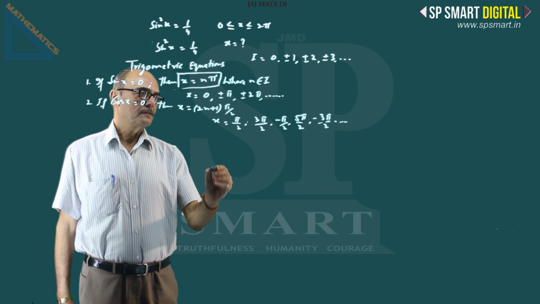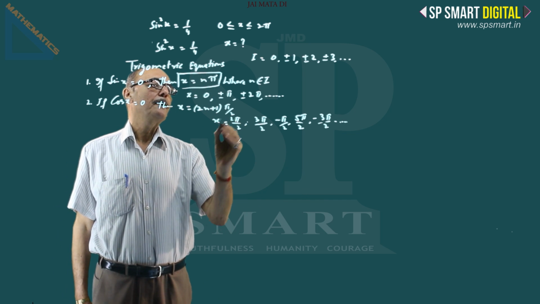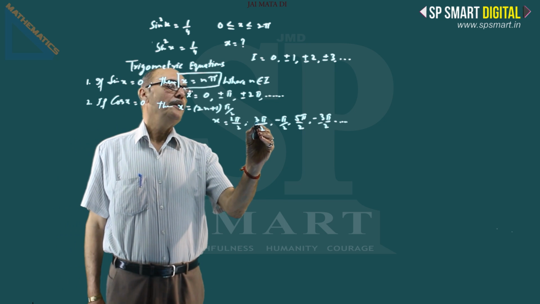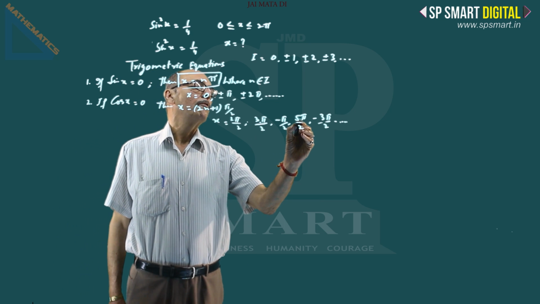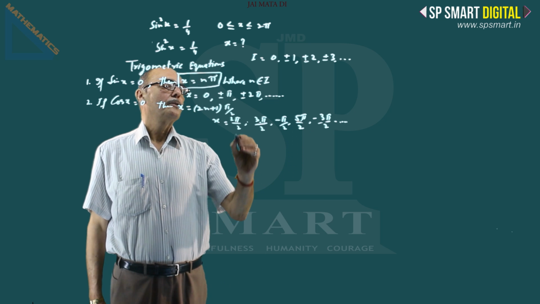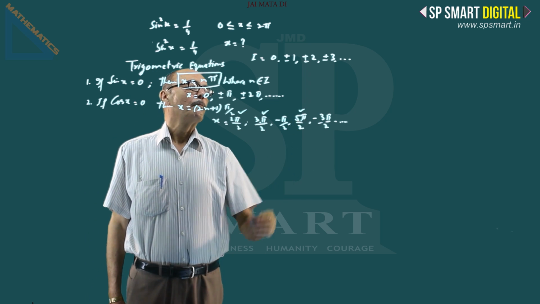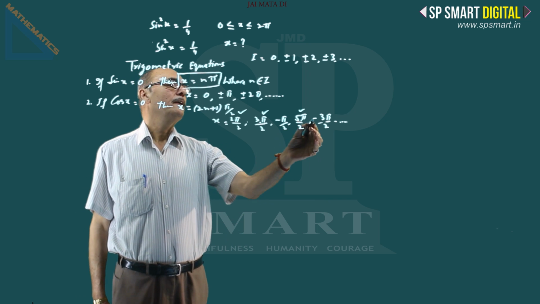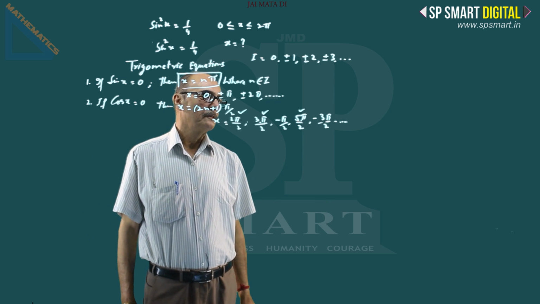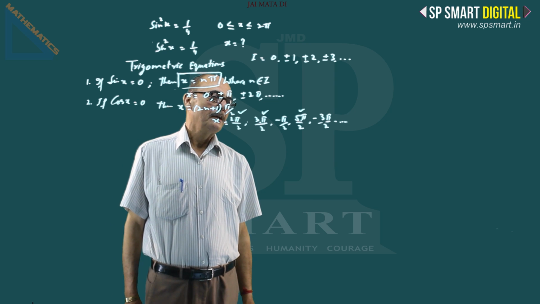These are 1 into pi by 2, 3 into pi by 2, 5 into pi by 2. So, these are odd multiples of pi by 2, and minus is also an odd multiple of this.